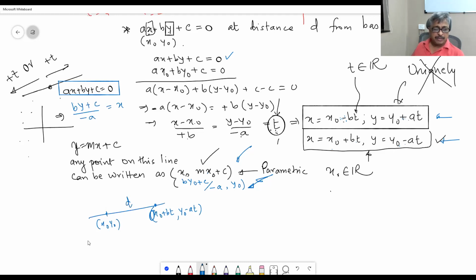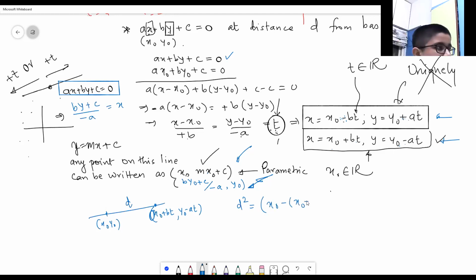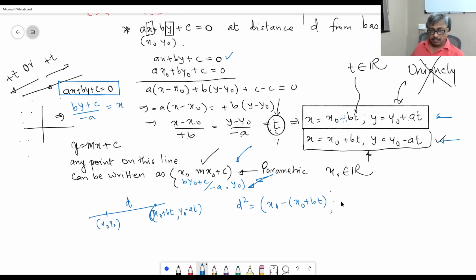Let the distance between them be d. So how do you get it now? d square is equal to bracket x naught minus x naught plus bt bracket square, plus bracket y naught minus y naught plus at bracket square, which is equal to b square t square plus a square t square.